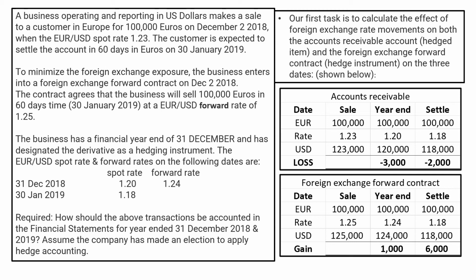If you take the difference between $124,000 and $118,000, you have a gain of $6,000 on the settlement date on this derivative account. So the total gain on the FX forward contract account between the date of sale and the settlement date is $7,000. So here we see how hedging works. The loss on the hedged item has been offset by the gains in the FX contract.